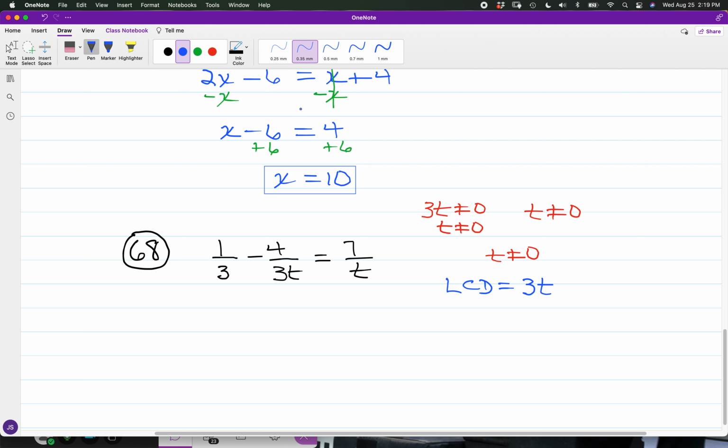And looking at clearing the fractions, if I take these terms and multiply by 3t, we say 3t times 1/3, and just bring down the subtraction.